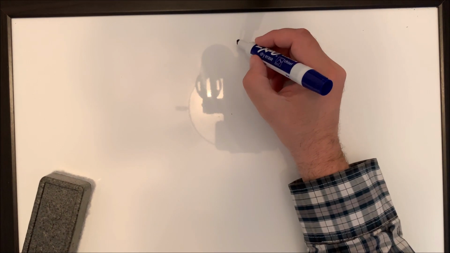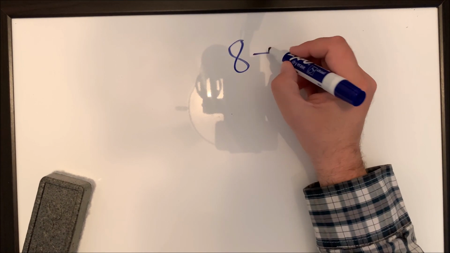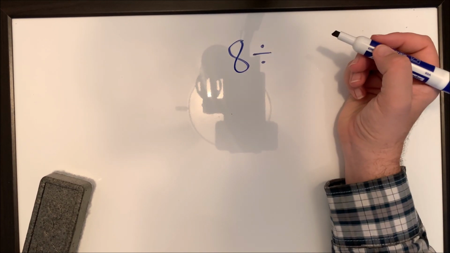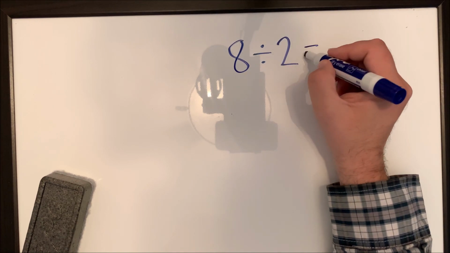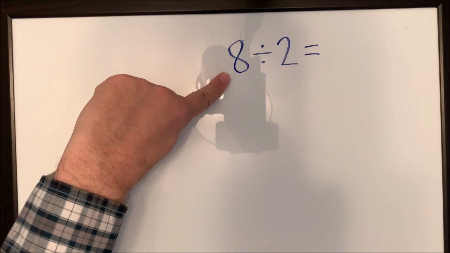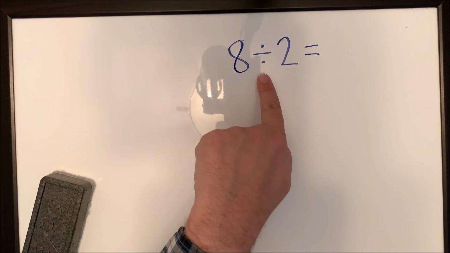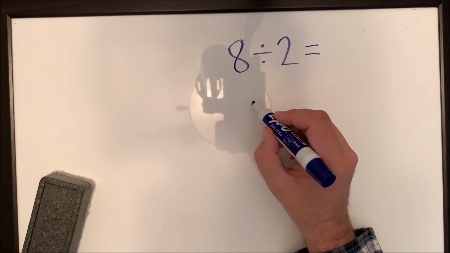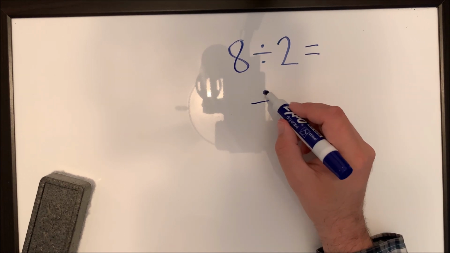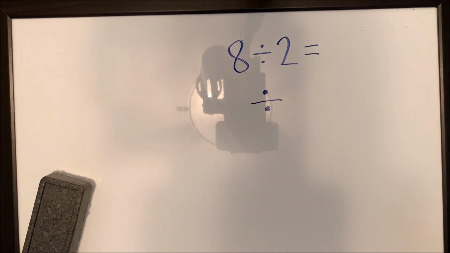Keep them easy. 8 divided into 2 equal groups equals. So 8 apples divided into. When you say that, actually say it when you write it.